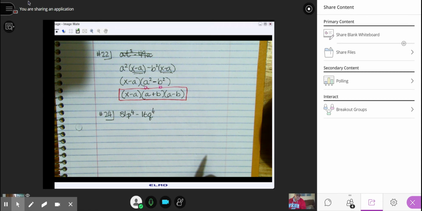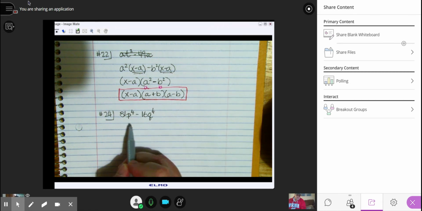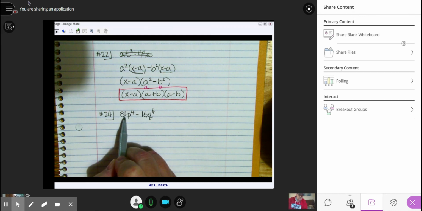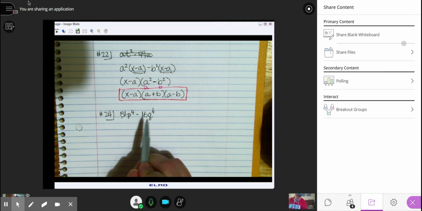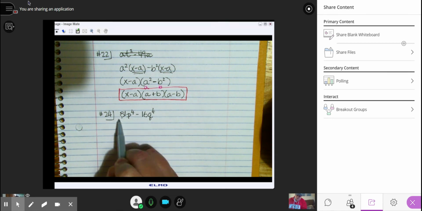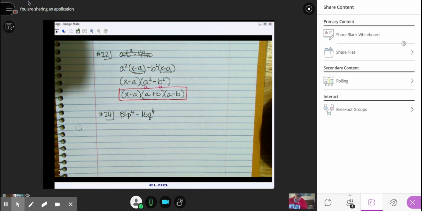Okay. Okay, so there are two terms. They're either going to be squares or cubes here. If there's a further pattern, they're going to be squares or cubes. So is 81 a square or a cube? And is 16 a square or a cube?